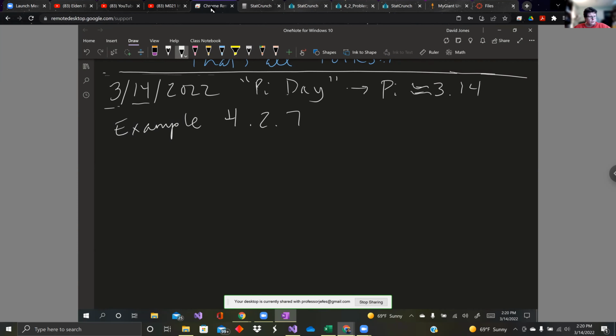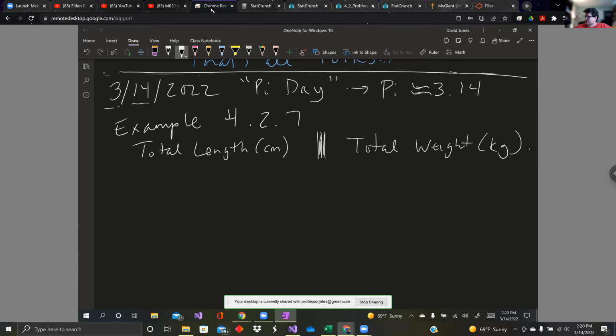It gives us the total length in centimeters as 1 column, and the other column is total weight in kilograms. And what you don't know is this is about bears.